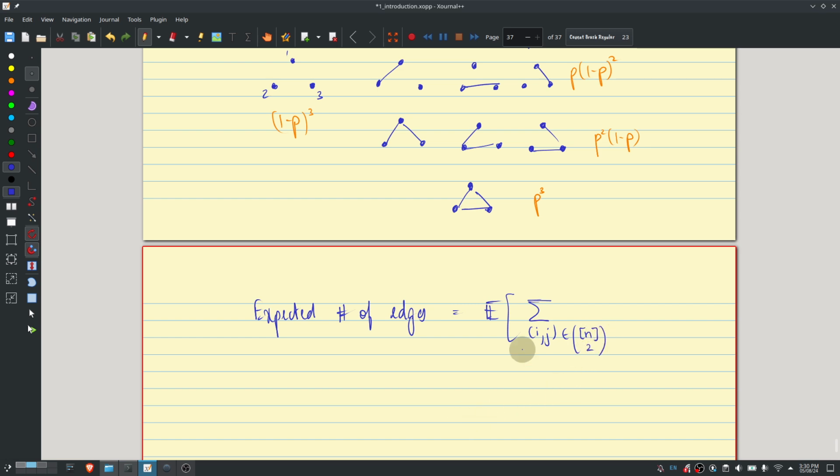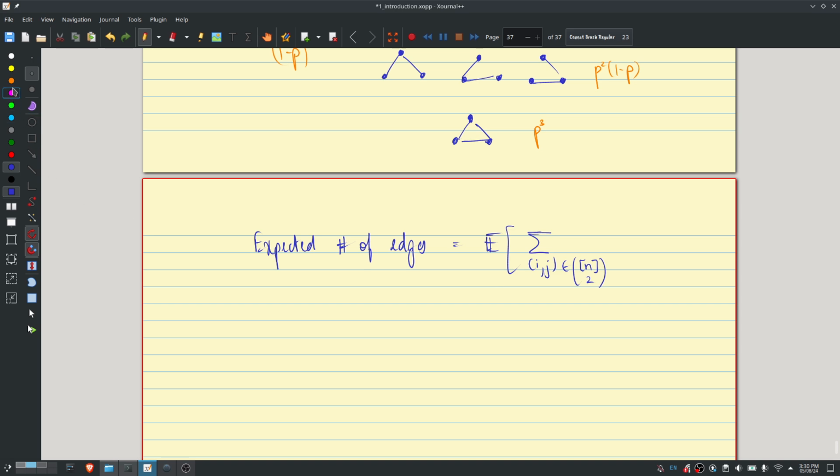Again, this is some notation which you will sometimes see in the literature. So if I have a set, n choose 2 is just the set of all pairs of elements from 1, 2, 3 up to n.